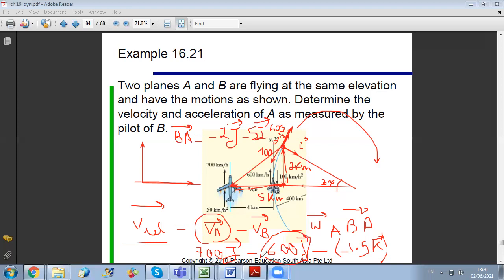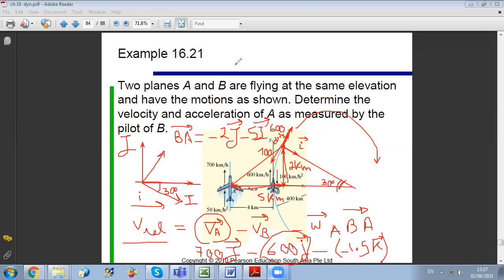How do I express them? It is very simple. Look at the figure. This is big I, big J. Now if I draw here the small i, small j, this is small i and this is small j. And the angle here, as you can see, between small i and big I is 30. So this is 30 degrees. So now I can easily do the decomposition.